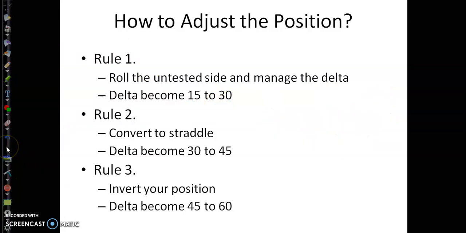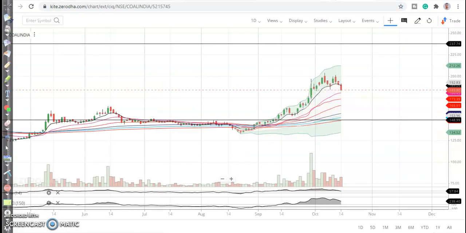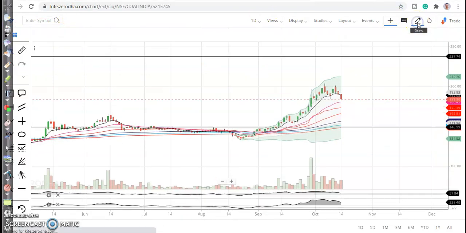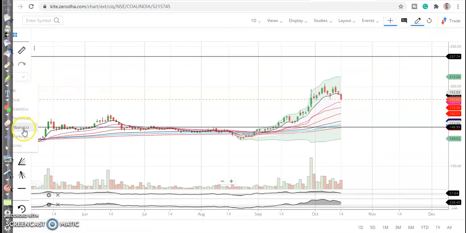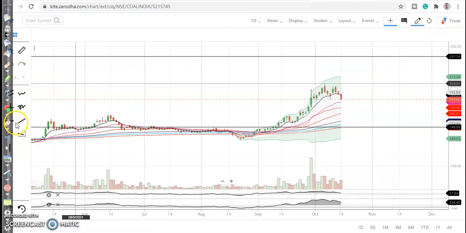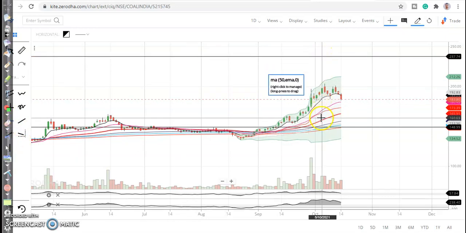Let's see here. Means here I can say 155. Let me draw 155, this line. Sorry, 155 somewhere there.